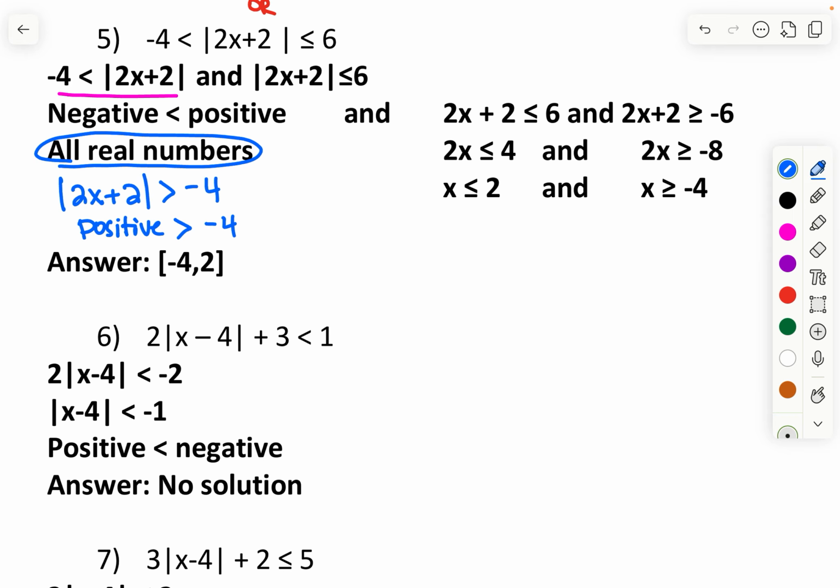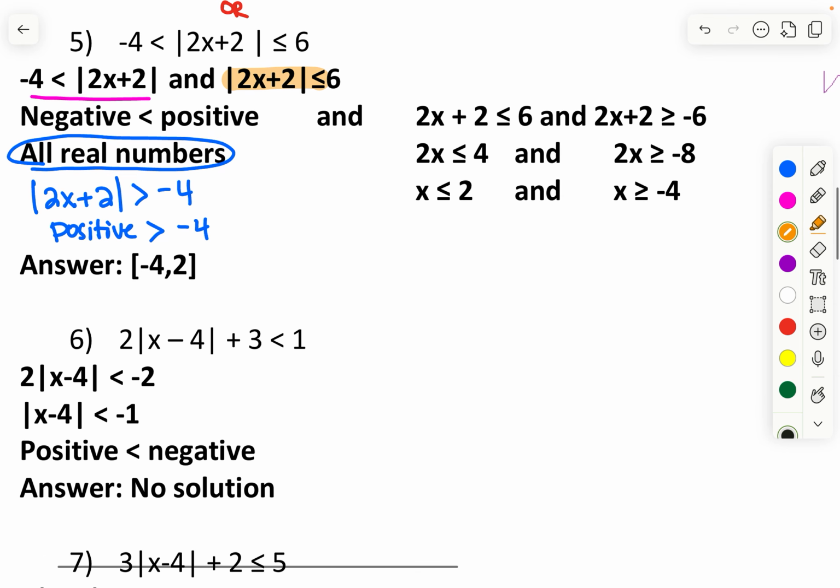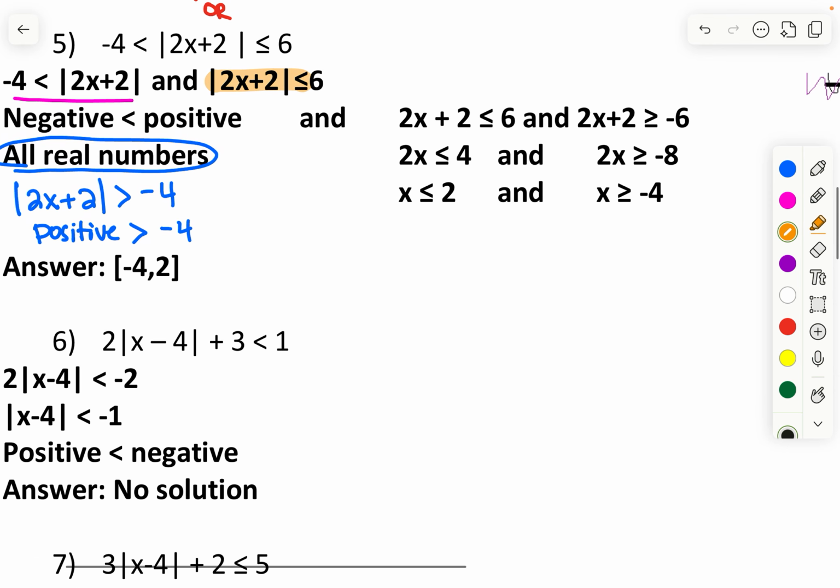All right, so now let's focus on this second inequality right here. I see that's a less than sign, and less than is and. We rewrite the first inequality exactly the way we see it without the absolute value bars.